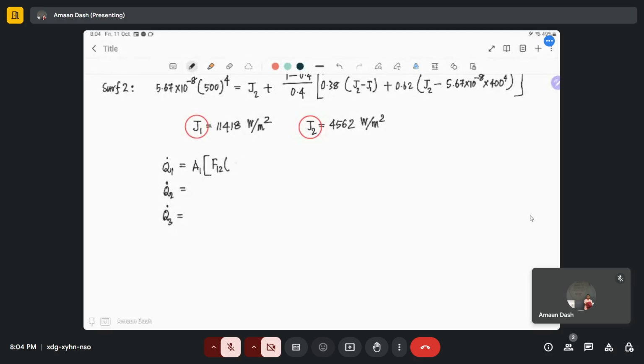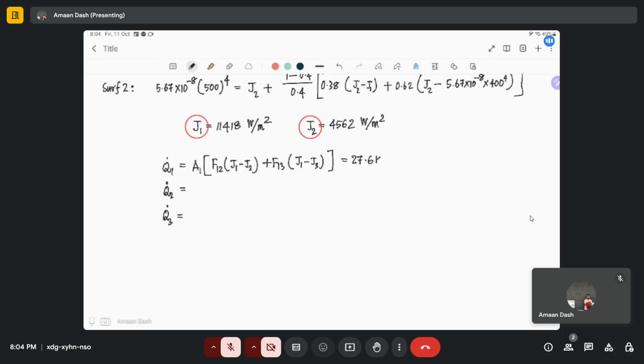So J1 is 11418 watt per meter square. J2 is nothing but 4562 watt per meter square.